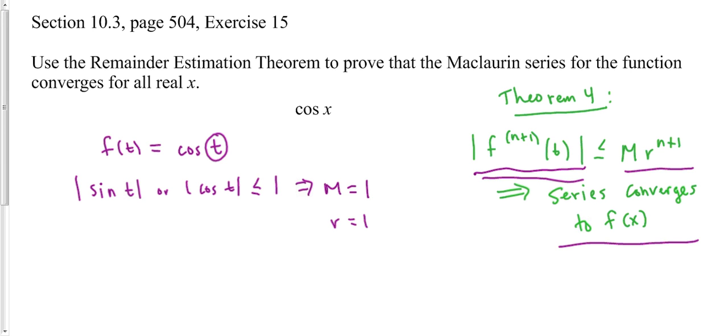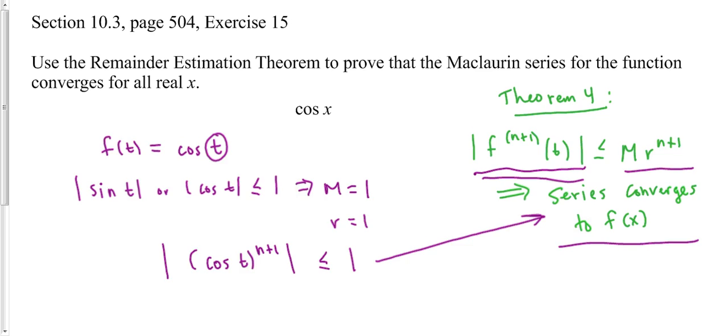So we can say that if we take the absolute value of the n plus 1th derivative of cosine t, that's going to be less than or equal to M, which is 1, times r to the n plus first power, which is still going to be equal to 1. And because that is equal to an actual number, we're going to be able to say that the series converges. The Maclaurin series for cosine x is going to converge to cosine x.